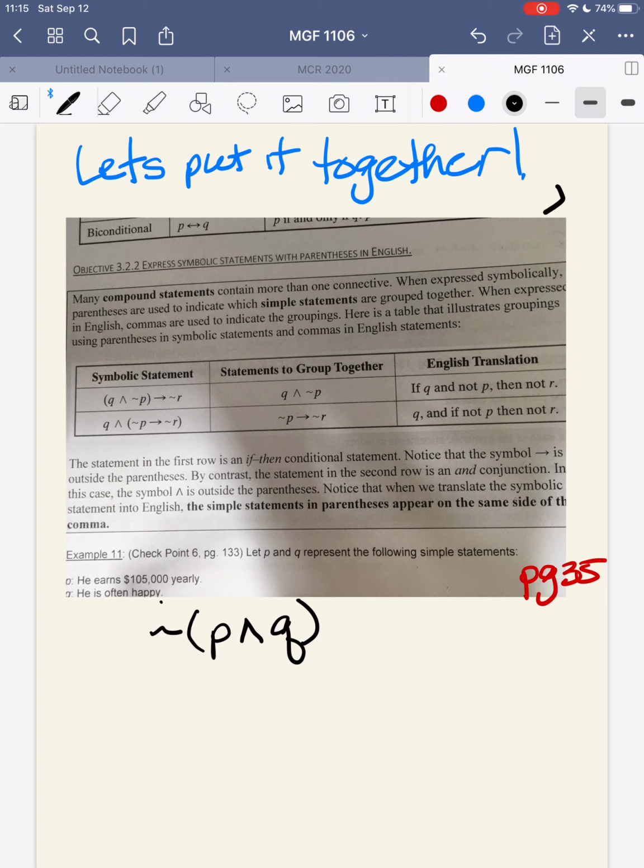Looking at the first statement, we have Q and not P in parentheses. Notice, if Q and not P, then there's a comma. That tells you that those two things are going to be grouped together, and then the rest of the statement is then, not or.